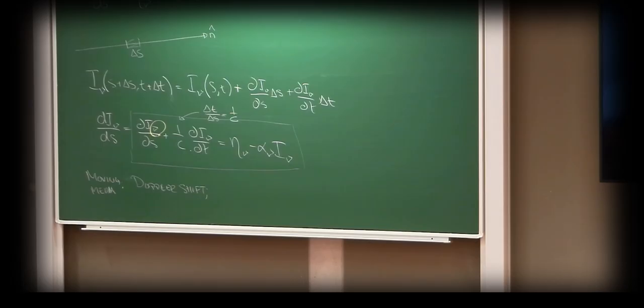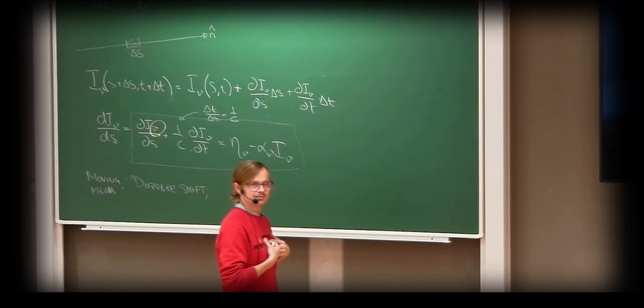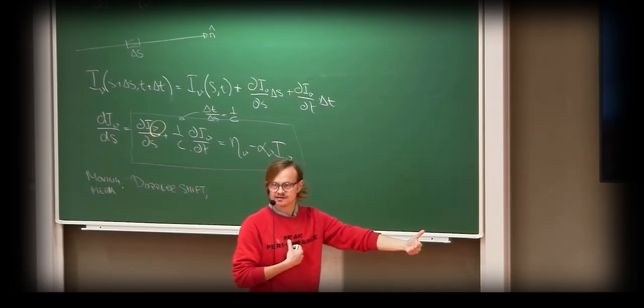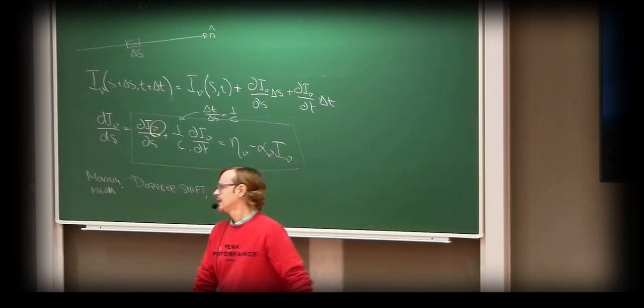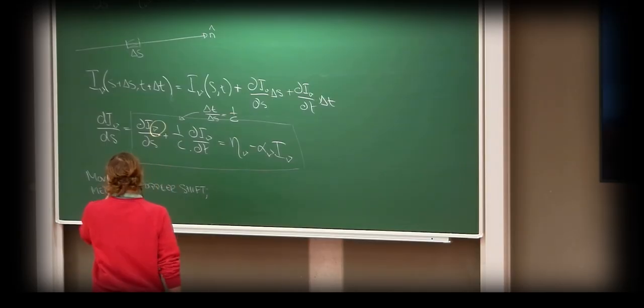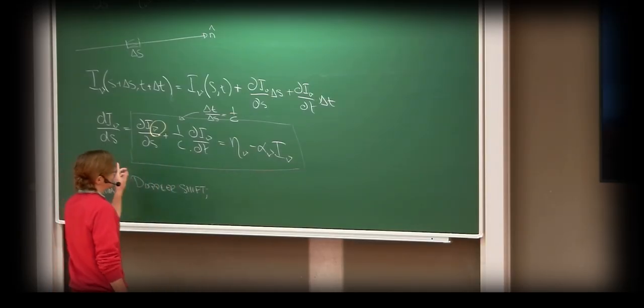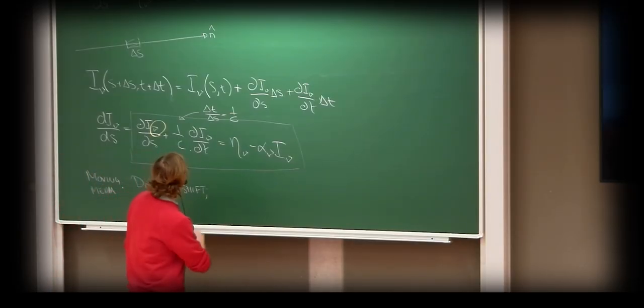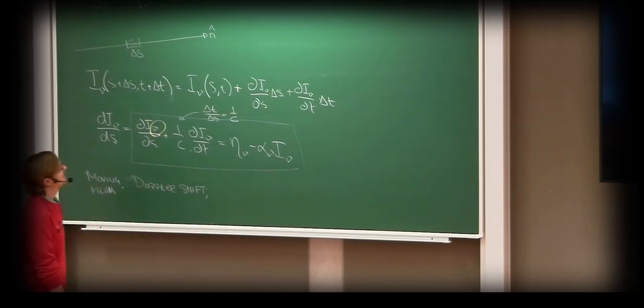And then, of course, if I'm moving in this direction, the photons that reach me, I will see them, because of the velocity in the line of sight, as redshifted. If I move towards them, I will see them as blueshifted. Yeah? And that's the Doppler shift. So technically, when we have that, we have to also take that into account.